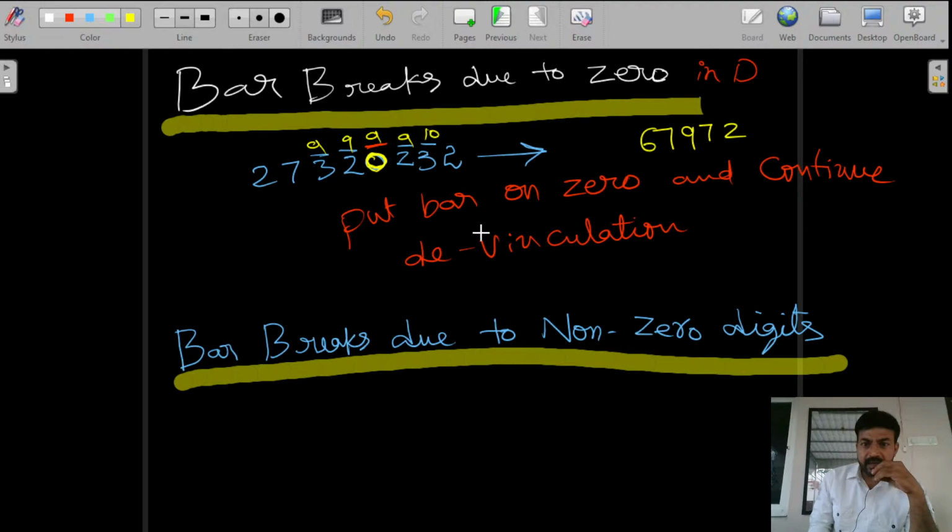Here, the second step is taking the predecessor. Only in the vinculation part do we take the successor. In the remaining 2 processes, devinculation and subtraction, we take the predecessor. 27's predecessor is 26. Is it clear?